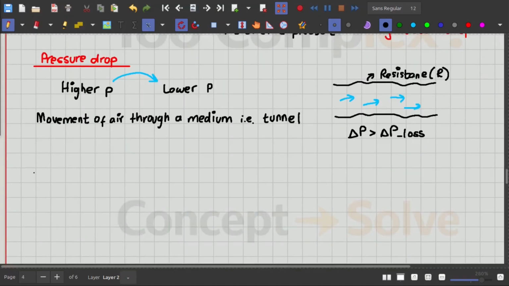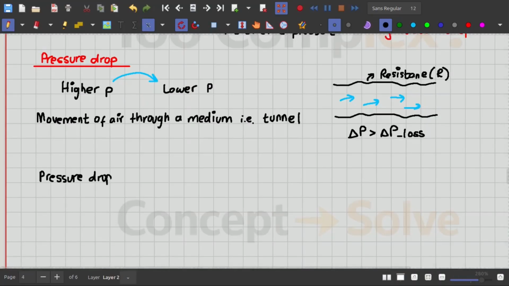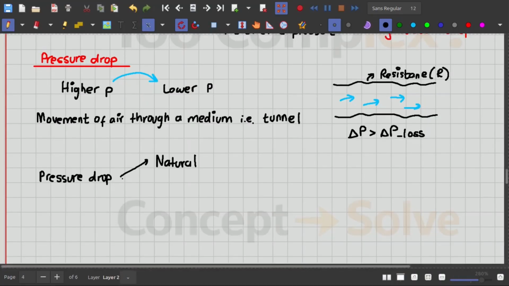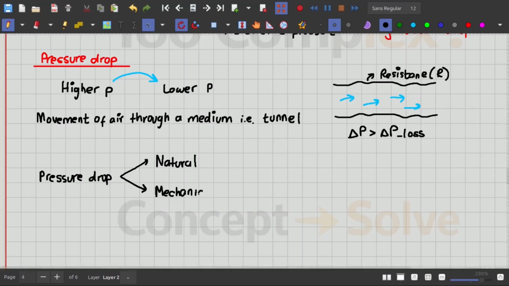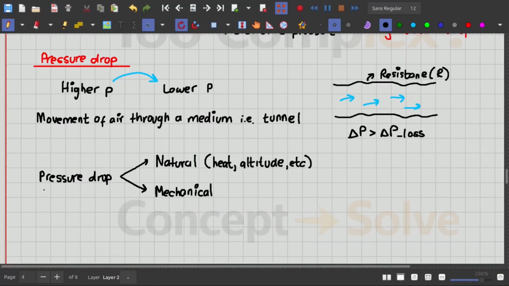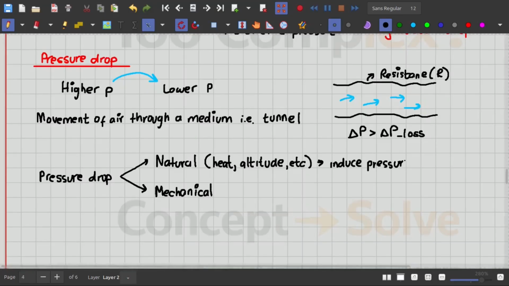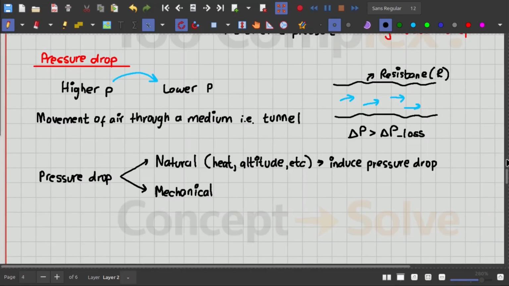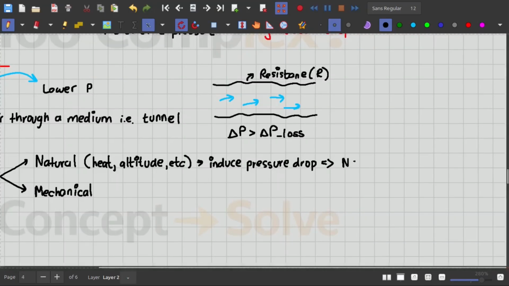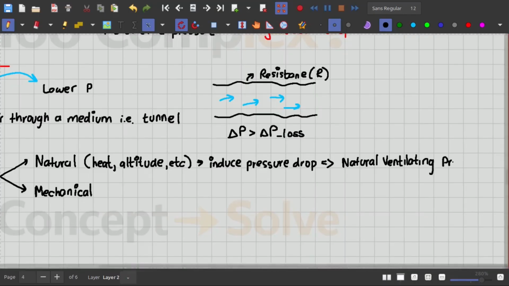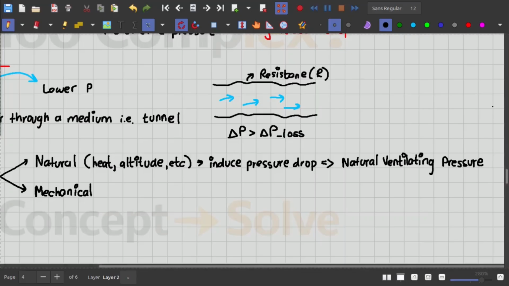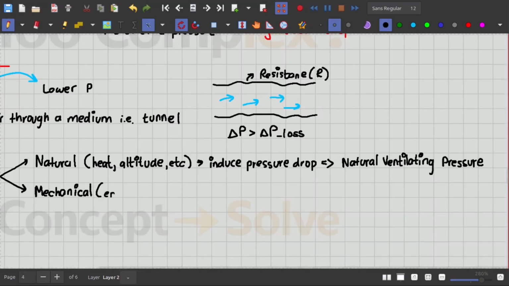So this pressure difference or this pressure drop can happen naturally and it can also happen mechanically. Naturally, we are talking of things like heat and altitude difference. They can induce a pressure drop, right? Giving us what we call natural ventilating pressure, or NVP. Now we can also generate this pressure difference ourselves, right?